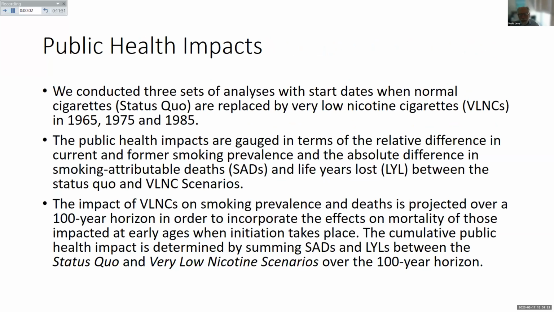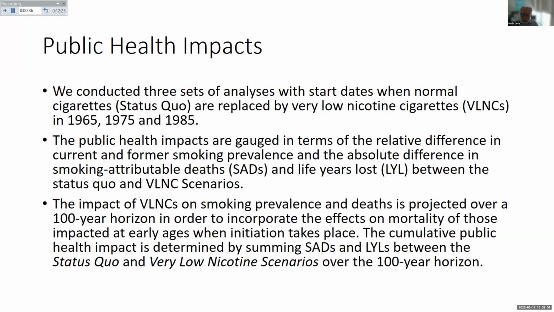Okay, so what we did is we ran this analysis through 3 different dates, 1965, 1975, and 1985. Based on that, we looked at the difference in smoking attributable deaths using very standardized measures. Life years lost is also developed by CISNET. And this was based on mortality rates that were very carefully developed by the CISNET group.